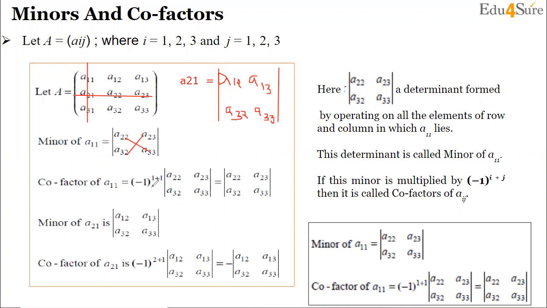So how are you going to do it? -1 to the power 1 plus 1. Why is 1 plus 1 coming? Because here the i value is 1 and the j value is also 1.